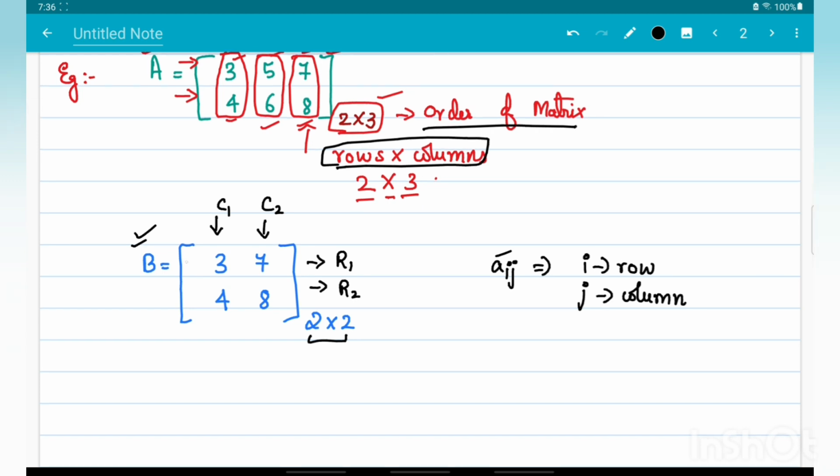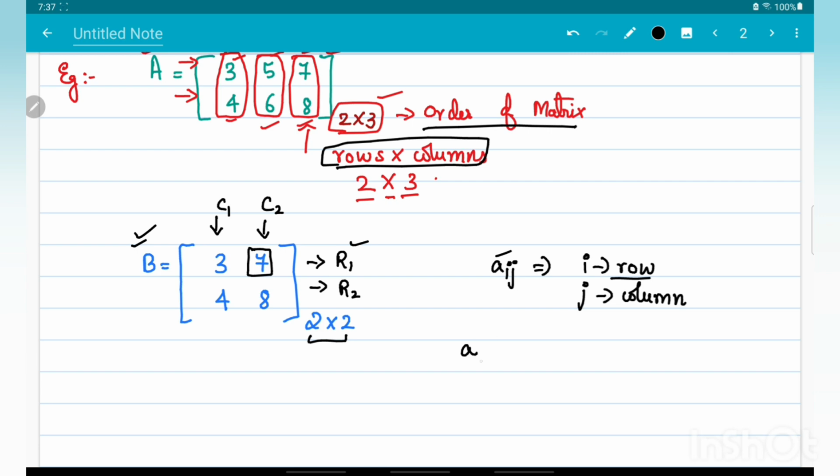So if you can see in this matrix B, suppose I take 7 and you want to know its place, then that element is defined as A. Okay, and then first thing is you have to write ij. So i is the row. Now which is the row of the element 7? Now if you see, 7 belongs to the first row. Okay, 7 belongs to the first row.